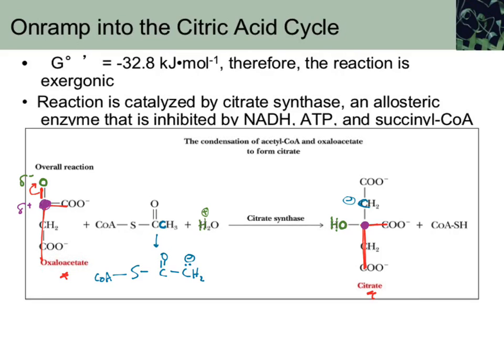That is not an easy bond to break, unless it happens to be at the alpha carbon to a carbonyl, because we now have resonance generating. You can do better than that. It's an enolate.